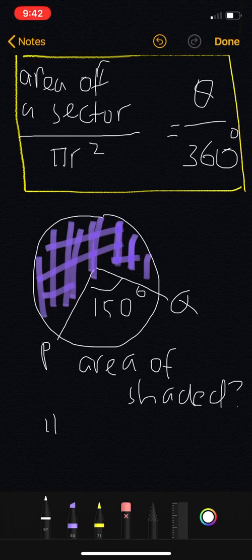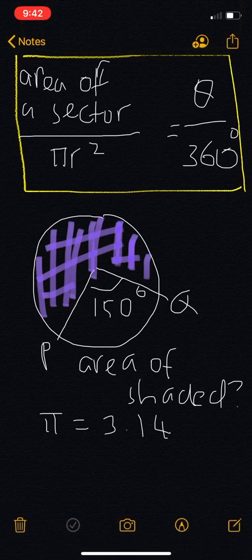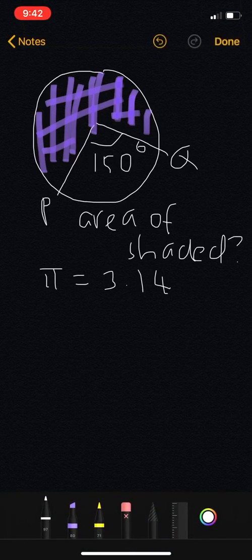Given pi is equal to 3.14. The angle given to you is 150 degrees. It's for the minor sector, this one.